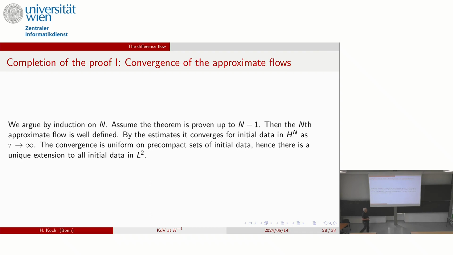The estimates converge for initial data in Hn as lambda tends to infinity. This convergence is uniform in pre-compact sets of initial data, hence there's a unique extension to all of L2. So this is the part, let's say, of Killip and Visan, which gives the convergence of the approximate flow.